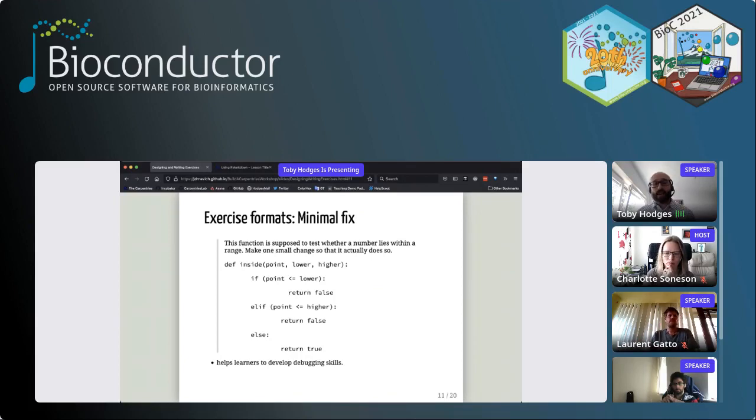This would then require them to be able to trace the execution of the code and figure out where the problem is occurring, but it also requires them to engage with this idea of what is the minimal fix, what is the one small change that they can make to fix the code, rather than changing 6 things in 5 different places, for example.